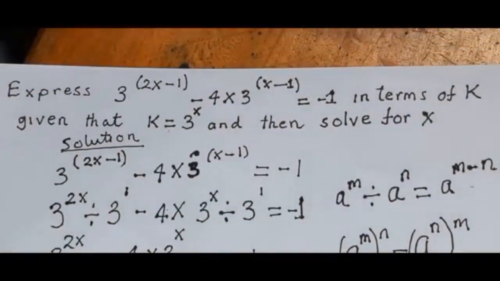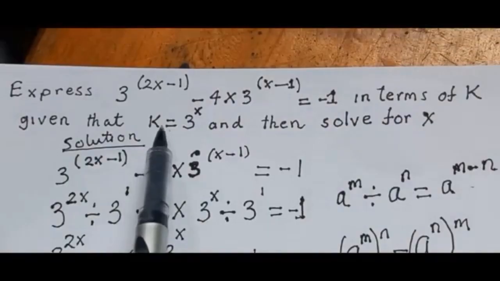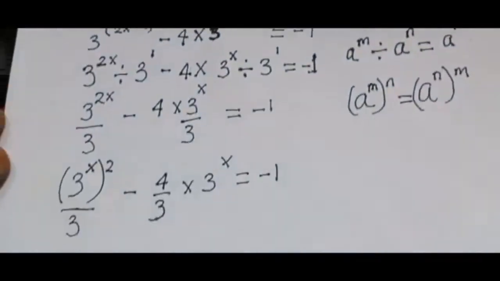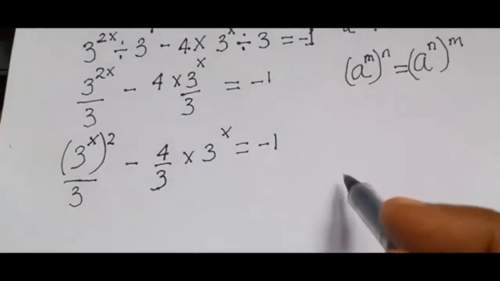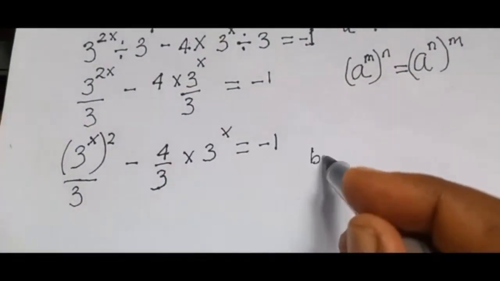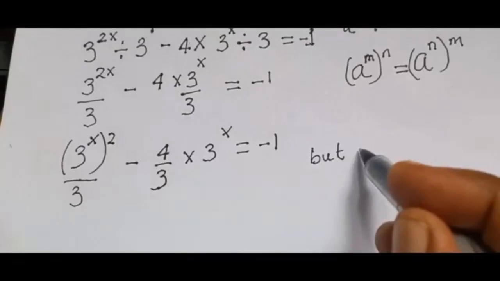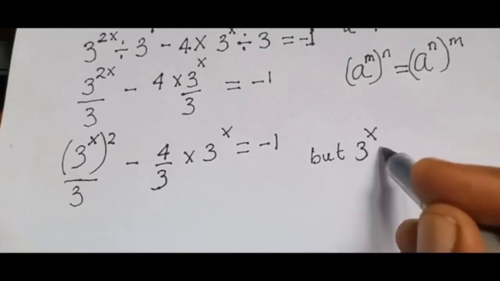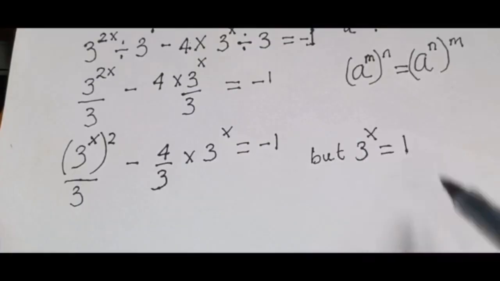But here we are told k equals 3 raised to x. So 3 raised to power x equals k.